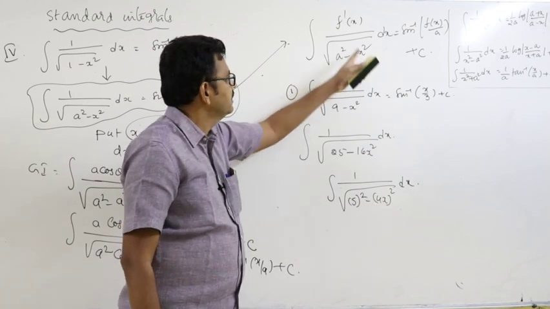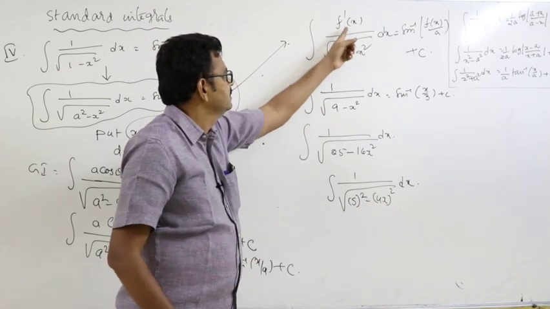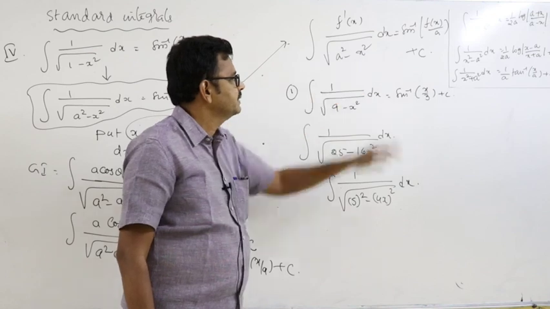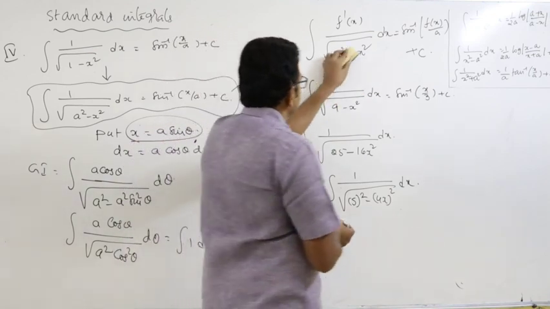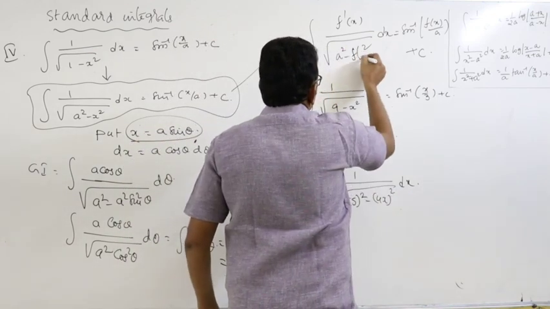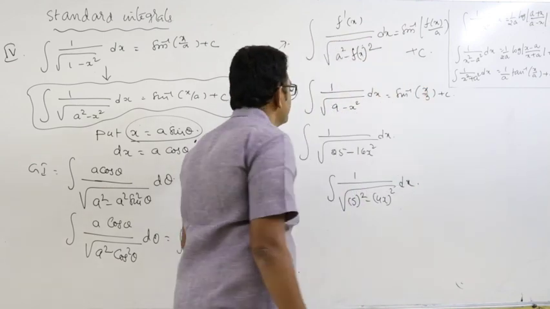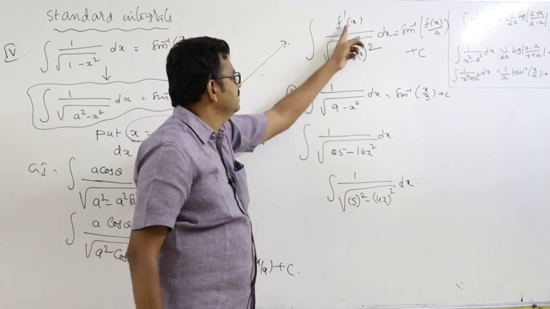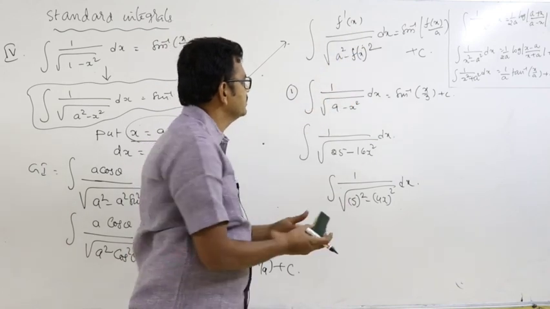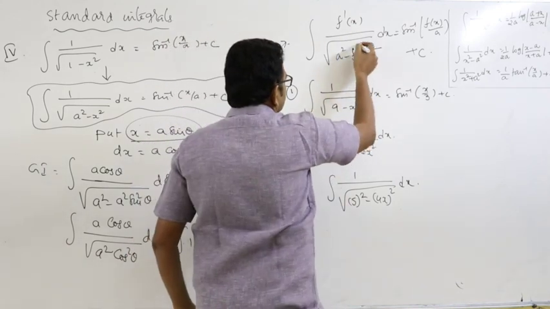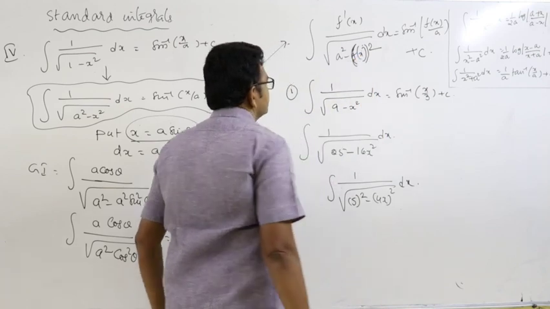So, by using this formula, f dash x by root of a square minus f of x whole square.